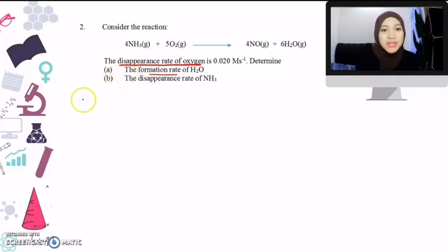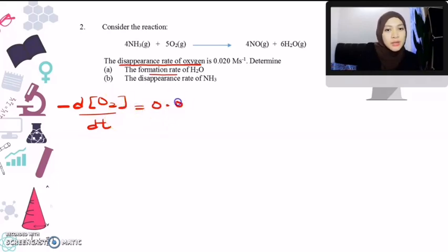Okay, firstly, we take out the information given. Disappearance rate of oxygen: as oxygen is the reactant, it will be negative d[O2]/dt. Okay, this is the rate of disappearance of oxygen. The question wants you to calculate the formation rate of H2O.